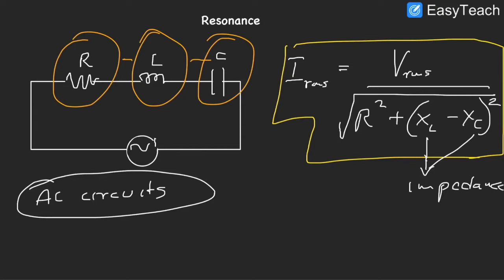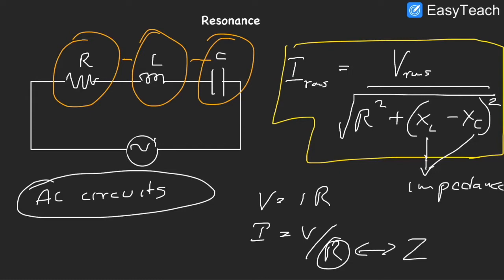In Ohm's law we have V equals IR, so I equals V by R. Instead of R, this R is replaced by Z, which is impedance in AC circuits, and that Z is the entire value under the square root. So that is the expression for Z, and this expression is nothing but simple Ohm's law.